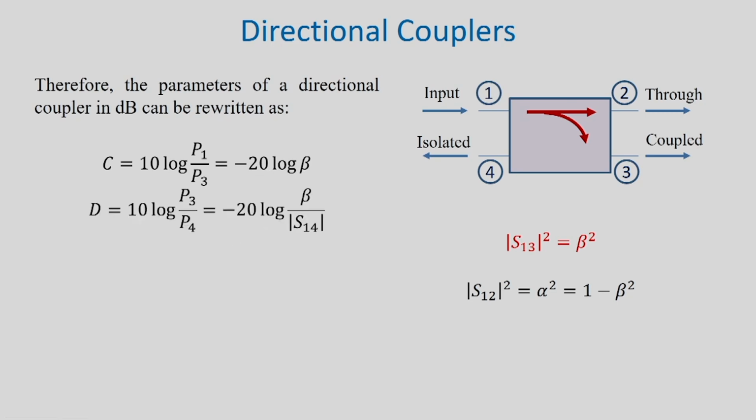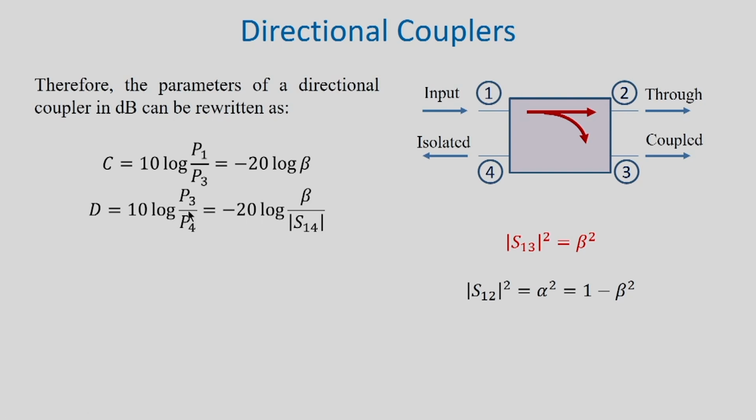Similarly, D, the directivity, is 10 log P3 by P4, and this P3 by P4 can be written as P3 by P1 and P1 by P4.